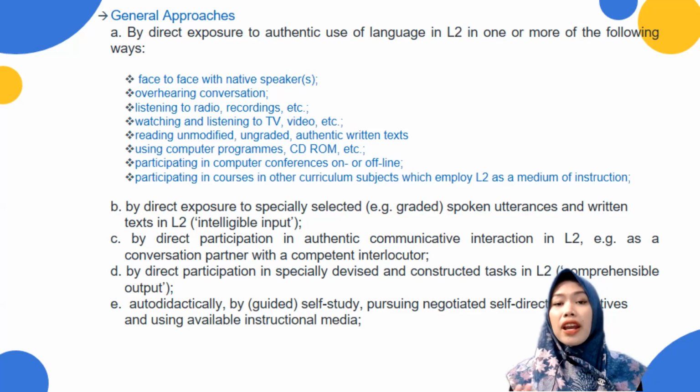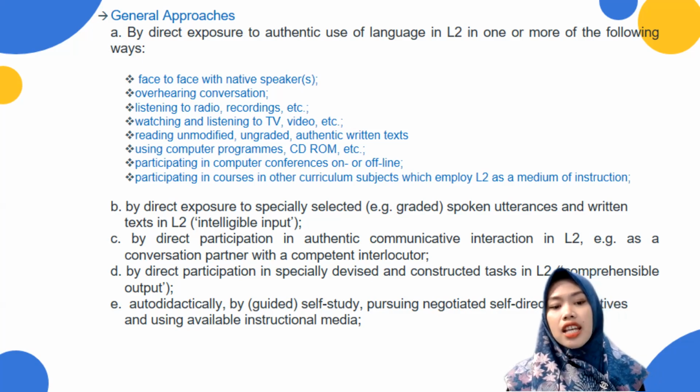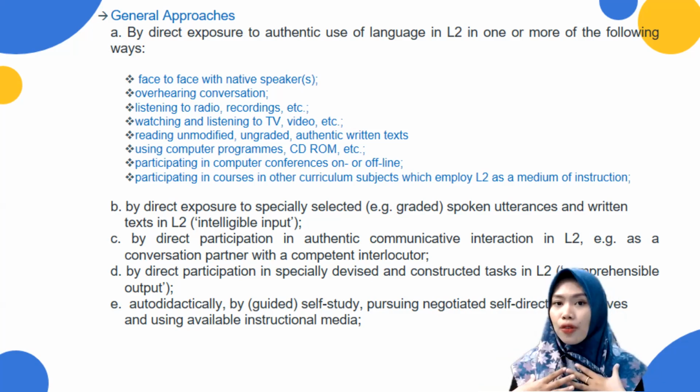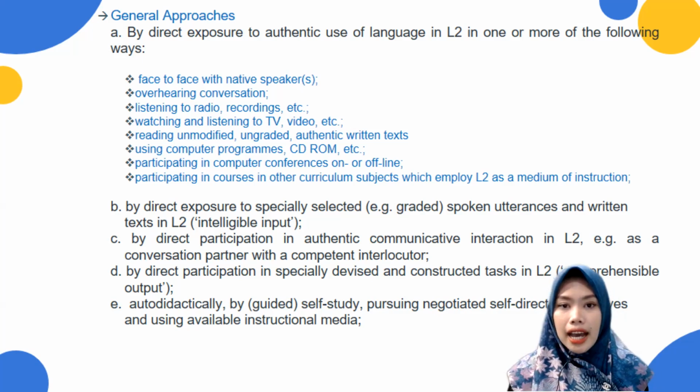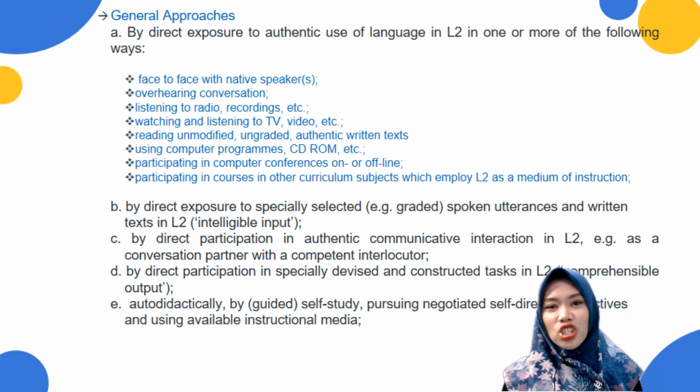And the fourth is by direct participation in especially devised and constructed tasks in the second language. The fifth is autodidactically, by guided self-study, pursuing negotiated, self-directed objectives and using available instructional media.